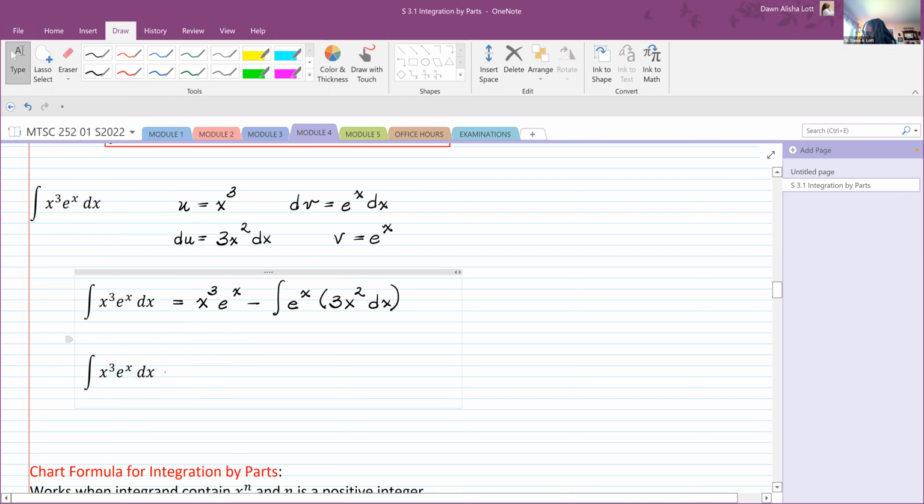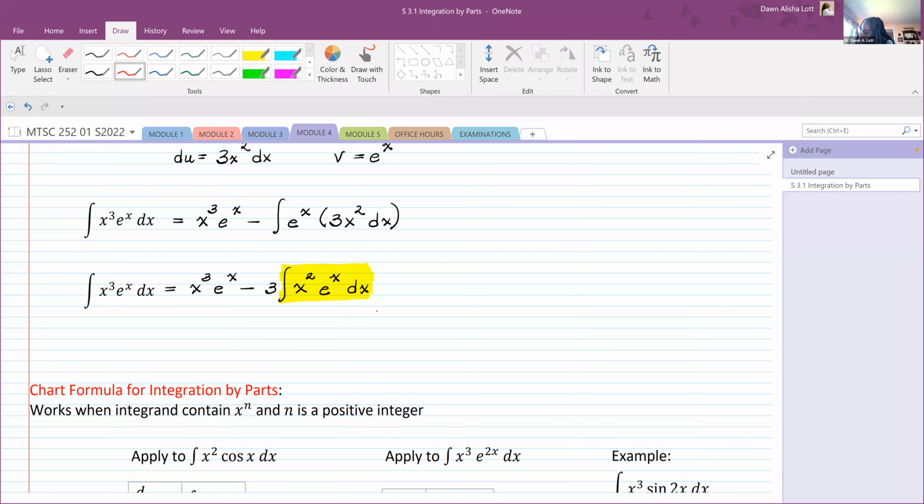So now I get x cubed e to the x minus 3 times the integral of x squared e to the x dx. And yet again, I have another integration by parts problem. But luckily, I already calculated it. If I had not calculated, I'd have to do it.